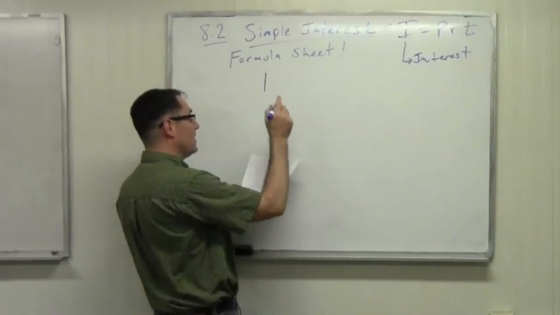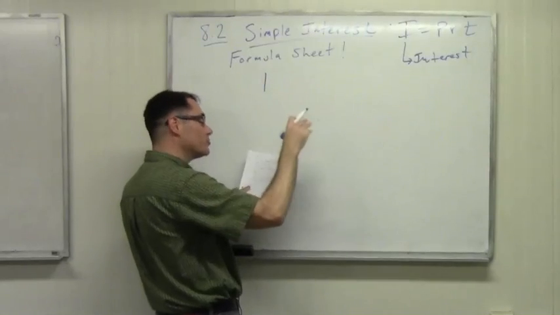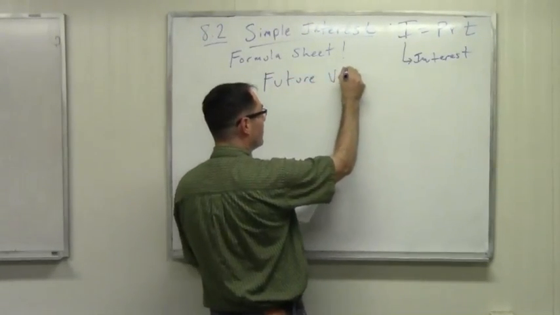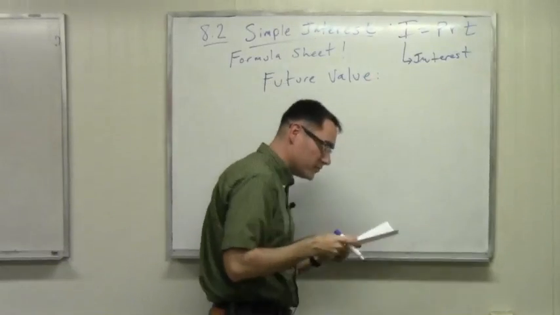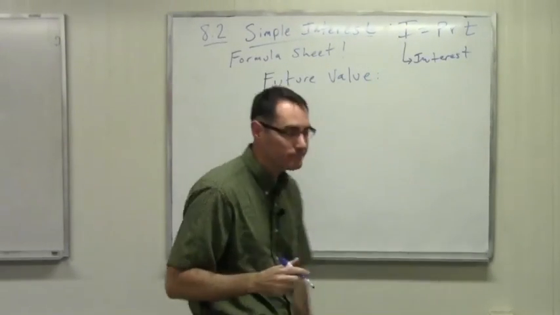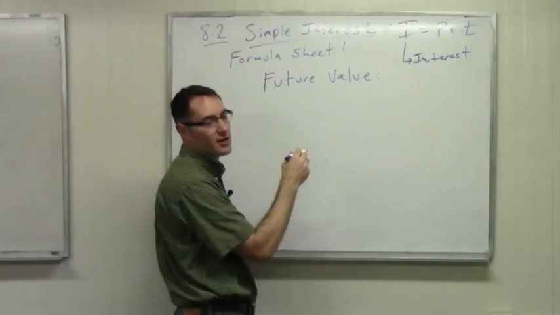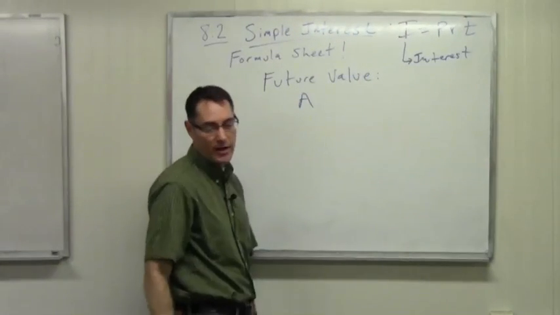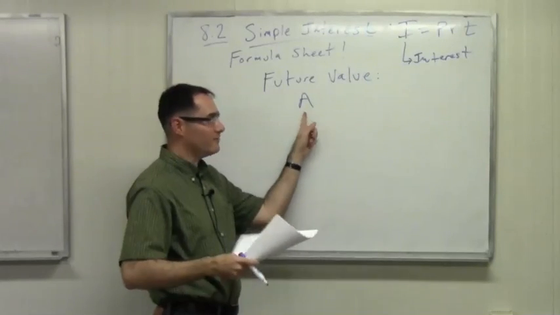It's ridiculous. So when we want to find the future value of something, we just call it the future value. The letter for future value is another one of these that's perfectly named. It's called the A. It's actually called the annuity, I believe.